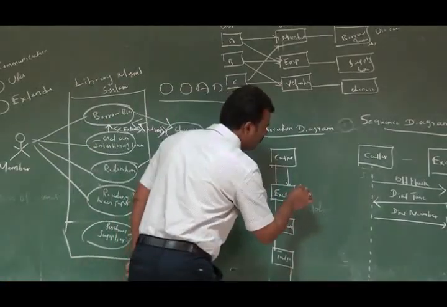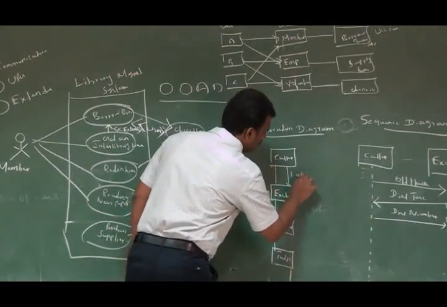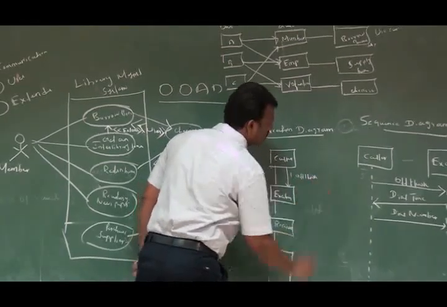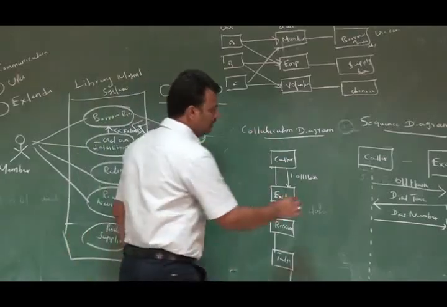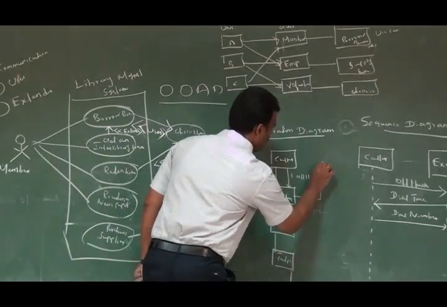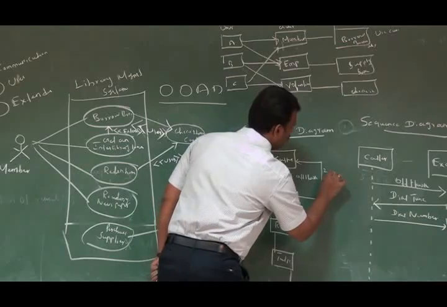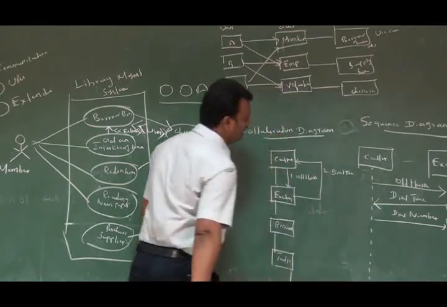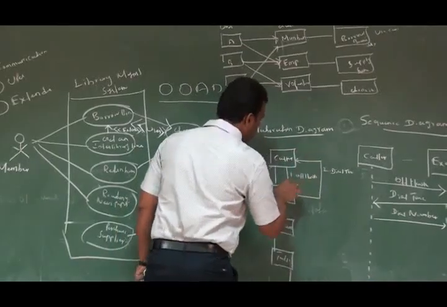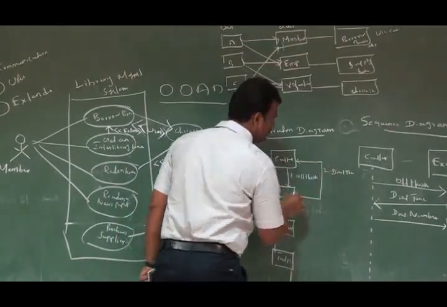The off hook. The first one is the off hook. The next, from exchange to caller, is the dial tone. The second is the dial tone. What is the third one? Dial number, from caller to exchange.